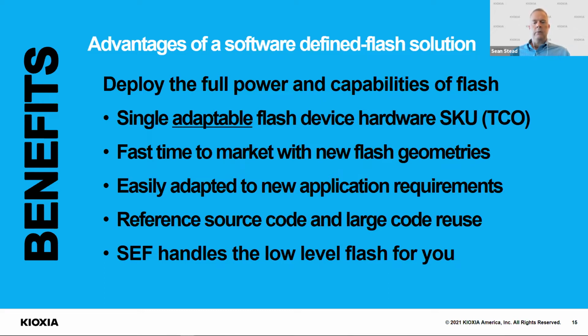This results in faster internal development and innovation, all while improving the total cost of ownership, and faster time to market with the new flash generations. And again, SKU reduction, because you can deploy the same hardware in multiple environments and multiple applications. We're going to go into more detail on that. Software-enabled flash will have some examples of the code to help developers get started. And remember, the software-enabled flash hardware handles all the low-level flash details.